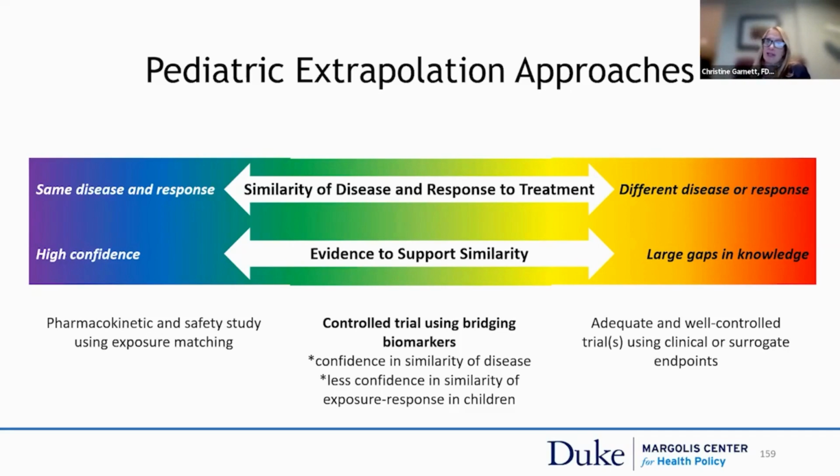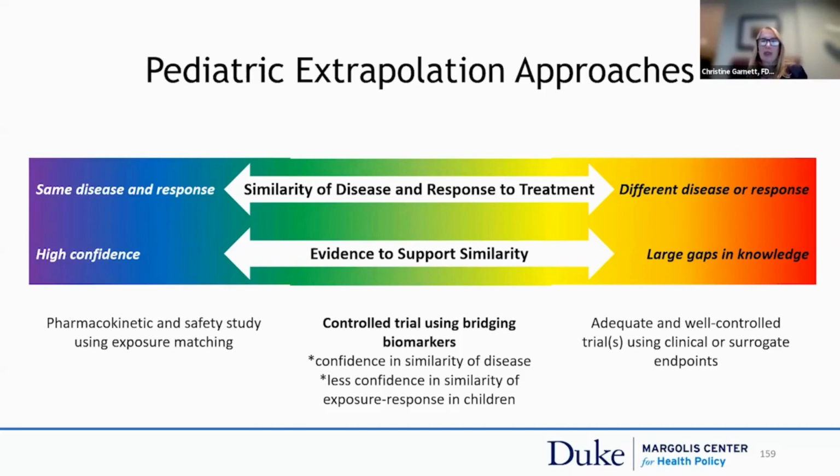Now, on the other end of the spectrum, if the disease is different, or if there's large gaps in knowledge on the response to treatment, then the pediatric approach could include one or more adequate and well-controlled trials using age-appropriate clinical endpoints or surrogate markers.